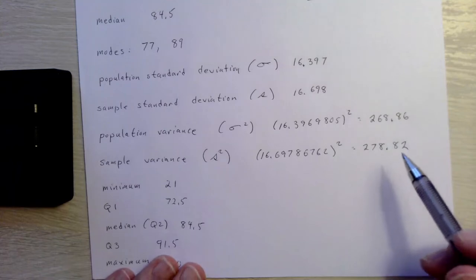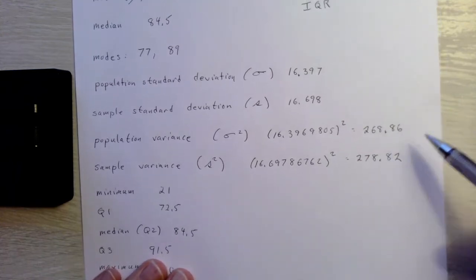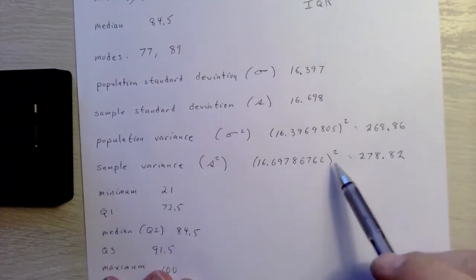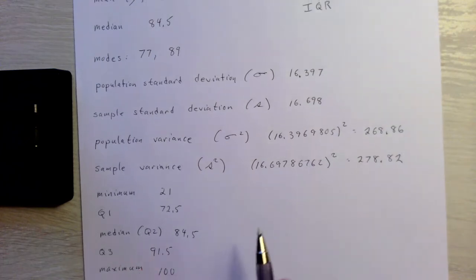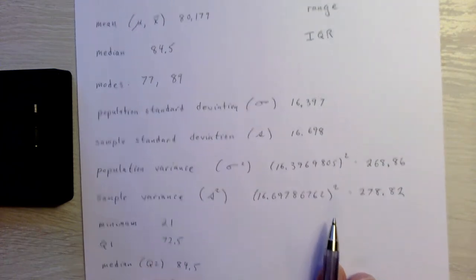So you can see the variance is much larger than the standard deviations, but we're just squaring them. You just want to take as many decimal places as you can to be accurate.